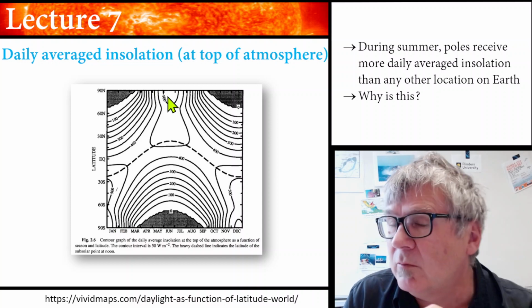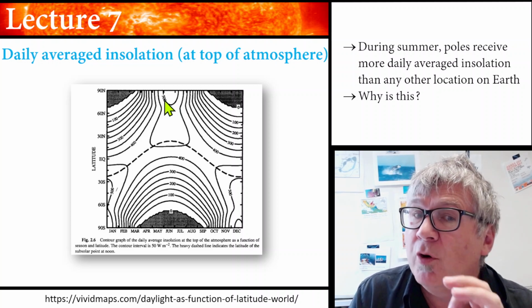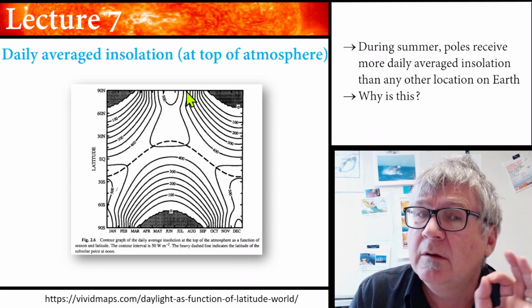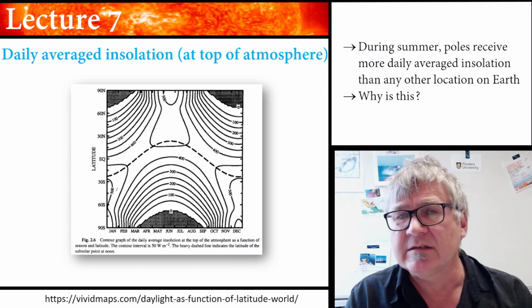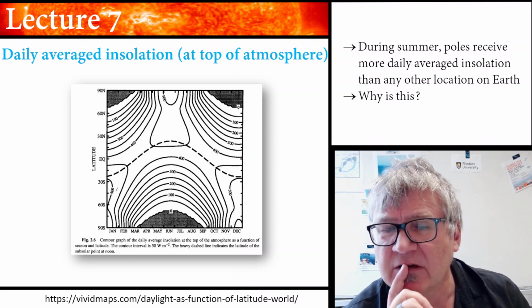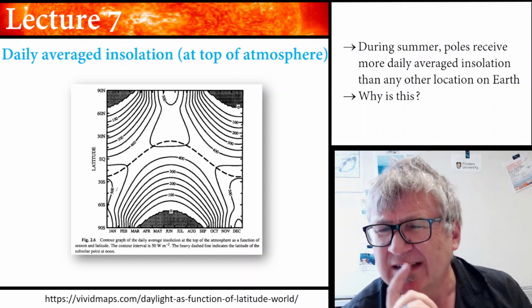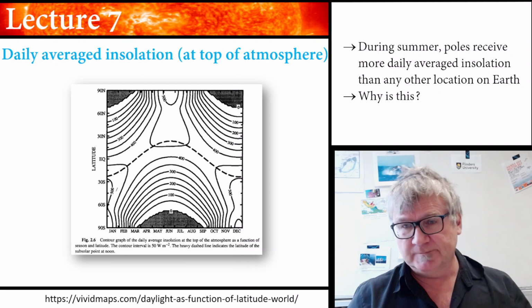So you know what the surprising bit is? In polar regions during summertime, you receive more insolation compared to equatorial regions. Why do you think this is? Can you tell me why that is? That sounds wrong, doesn't it? Is it wrong? No, it's not wrong.